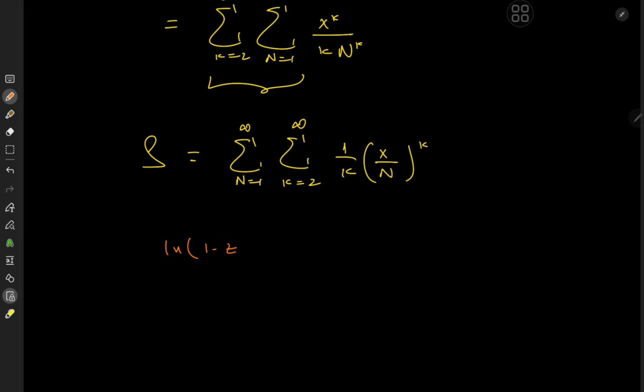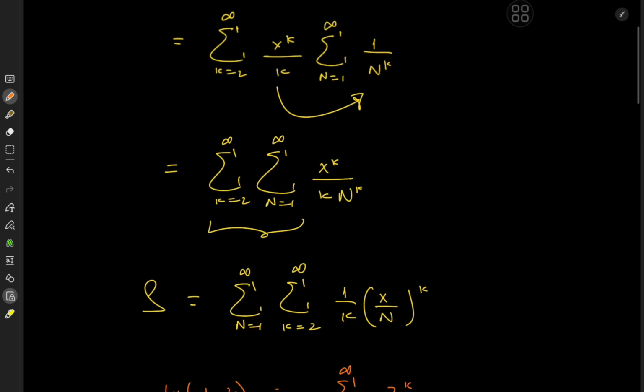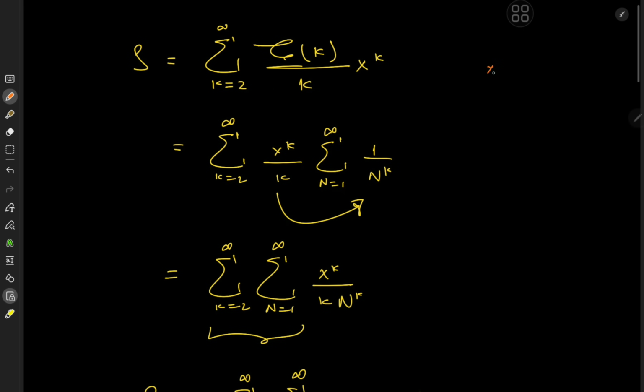Recall that log(1 - z) equals negative the sum over k from 1 to infinity of z^k/k, and in our case, z equals x/n. Oh, and by the way, this result will be valid for the absolute value of x being less than 1.